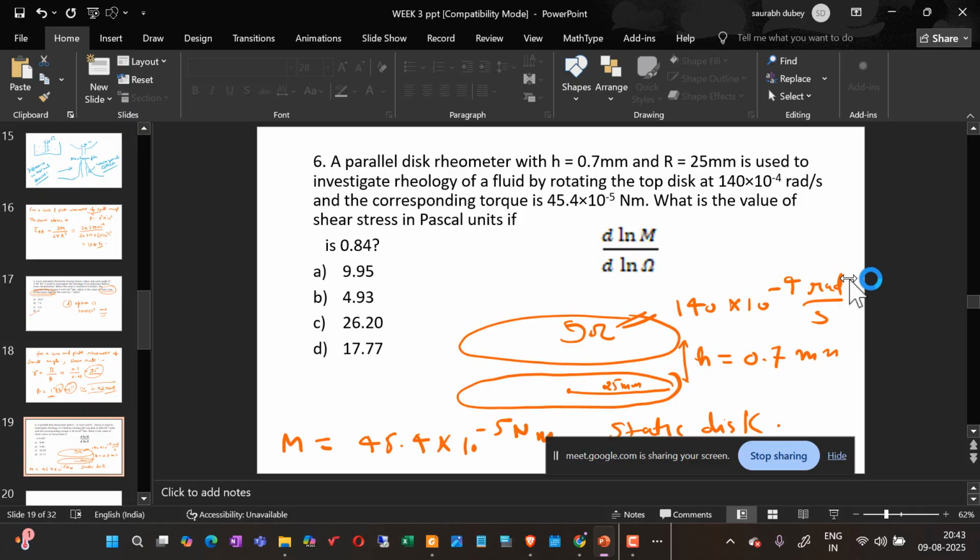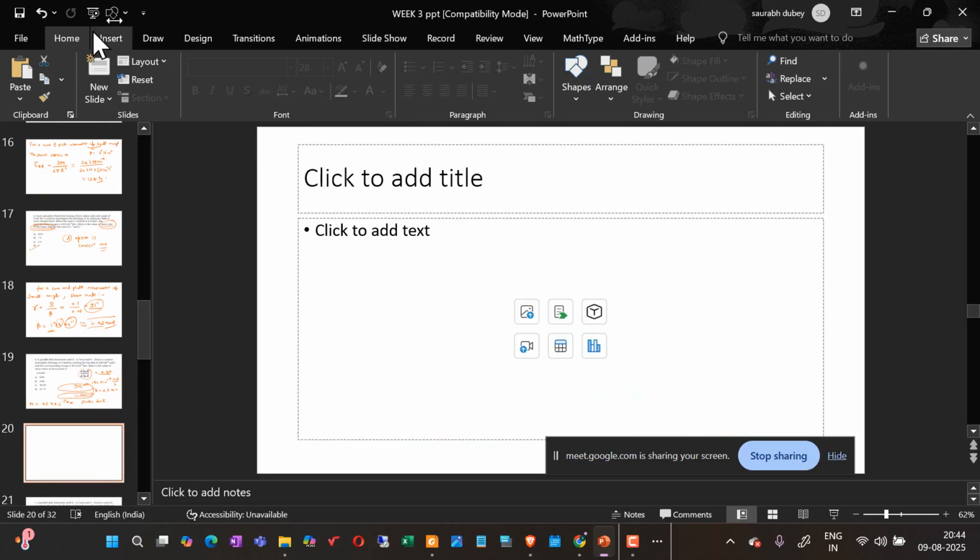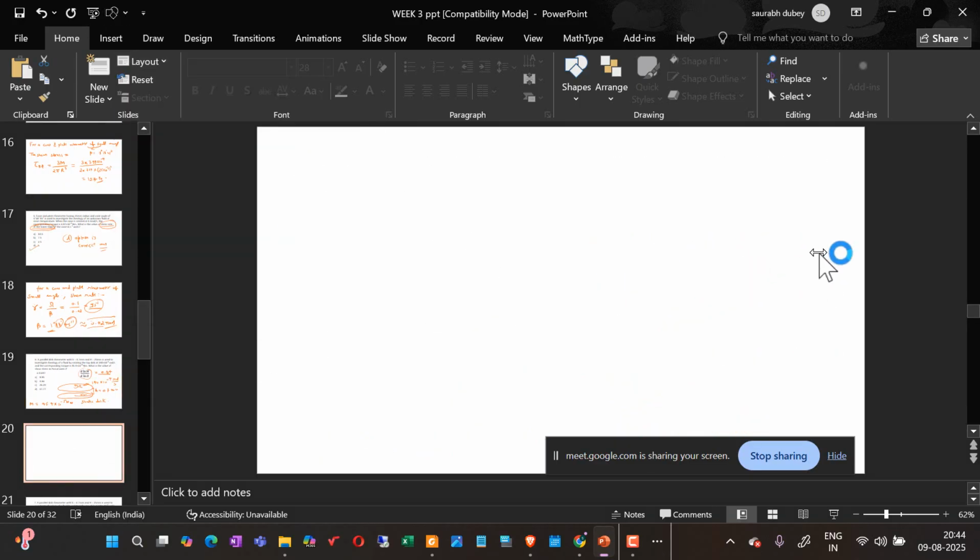So this is the sixth question that we are going to solve, about parallel plate and disc. And here this value you are given, which is 0.84, right? If you remember the discussions that we have just done, I will now be solving all the questions.